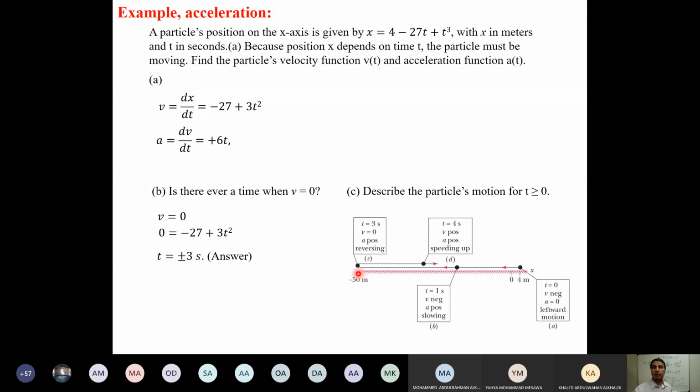And after that, when you put 4 seconds, the particle is already coming forward, because at 4 seconds the positive value of this is more. So the displacement will become positive after 3 seconds. Is there any confusion, guys, here?